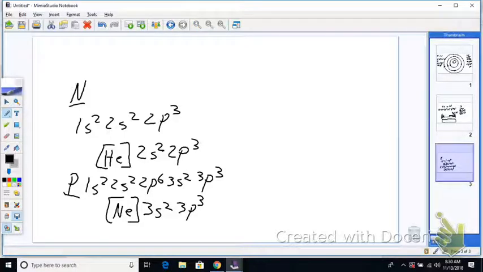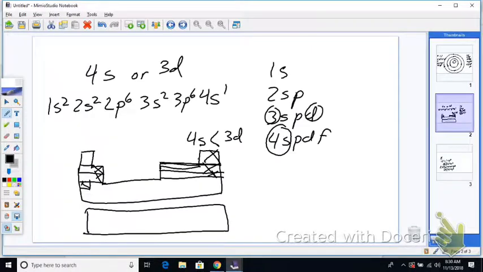Now let's look at the one we just did. Look how much we had to go. So let's do potassium. What's the noble gas in the row preceding it? Look how easy this is going to be, guys. I'm going to put argon, and then you count down the row. You count down 4, so you put 4s.